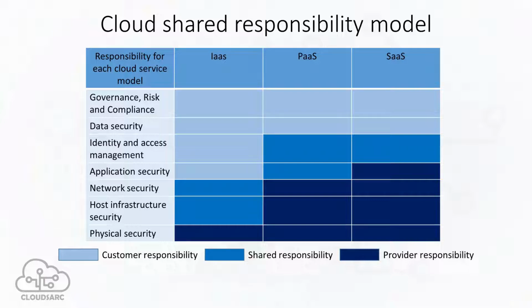Data security, governance, risk and compliance are always the responsibility of the cloud customer. You should raise your own competency in these areas before you start using cloud services. As you can see from this matrix, there are many areas of responsibility for the cloud customer. Don't underestimate the time and resources you'll need to invest for each cloud deployment, including any necessary training to bring your team up to speed.